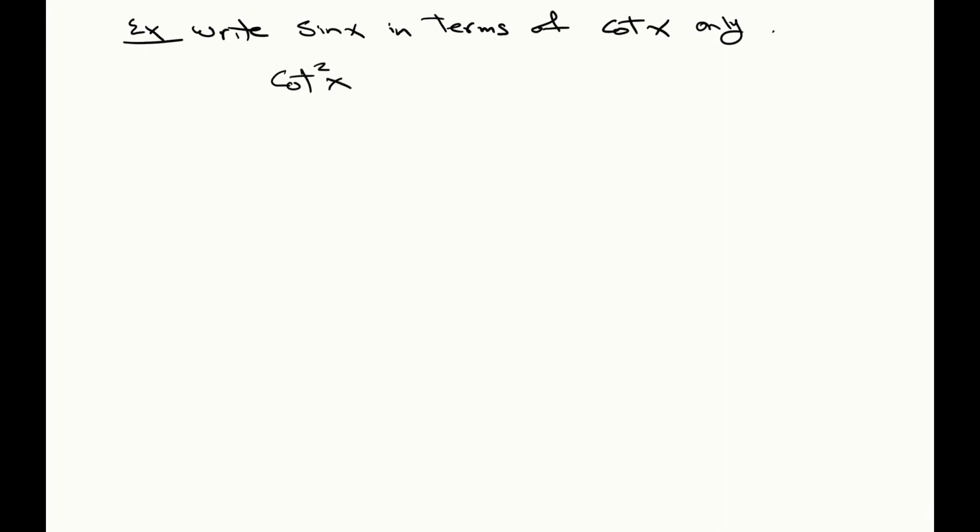So cotangent squared x plus 1 equals cosecant squared x. Since I'm going to be deriving a formula for sine x, let me go ahead and write the cosecant squared x on the left side, which makes no difference. We could have worked with it on the other side, but this might be more visually pleasing.